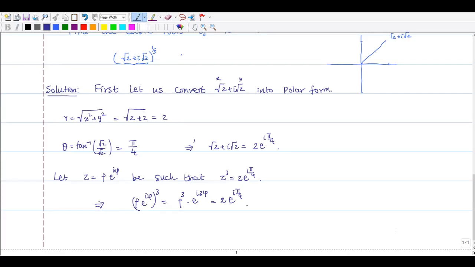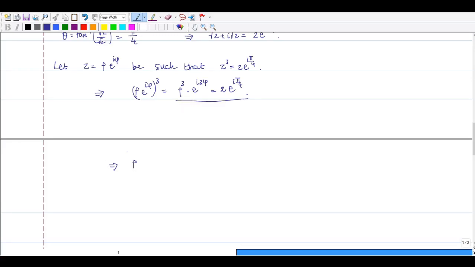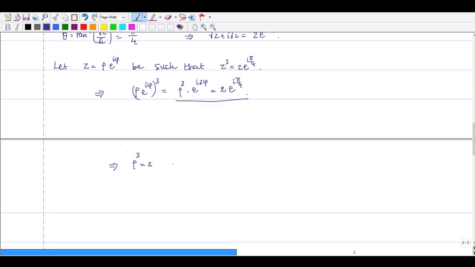Okay, சரி, அப்படின்னா என்ன அர்த்தம் அப்படின்னா this implies that these two complex numbers are equal. அப்படின்னா this implies rho cube is equal to 2 and 3 phi is equal to pi by 4, of course, plus 2k pi. So this implies, for k, இந்த இடத்துல என்ன வருது? k belongs to என்னது? Set of all integers.